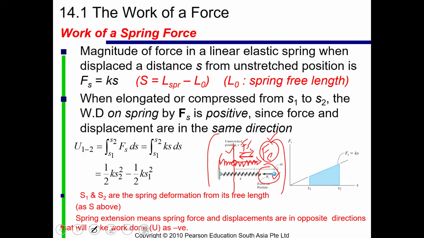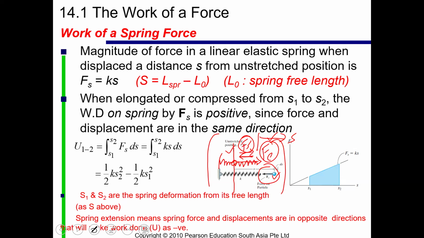In case of elongation of the spring, why is it negative work? Yes, because the force in the spring and the displacement S are in opposite directions. So when you are elongating the spring, they are in opposite directions, so they will give you the negative answer, right?